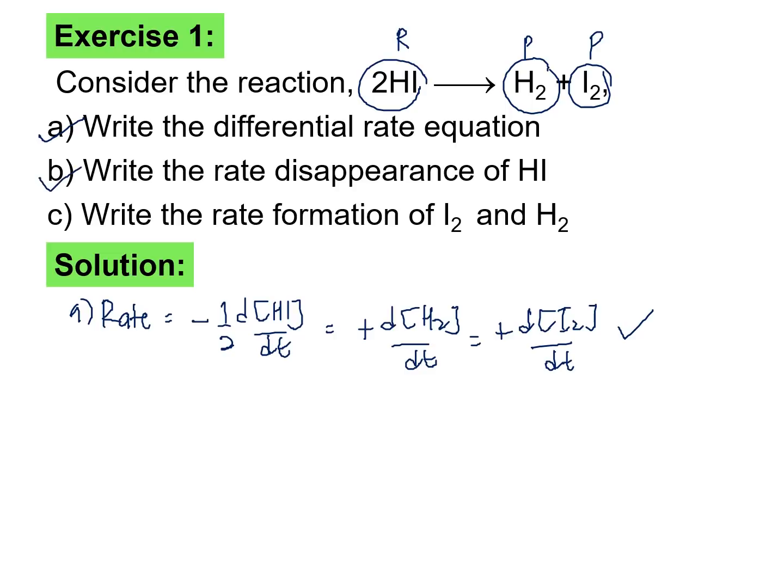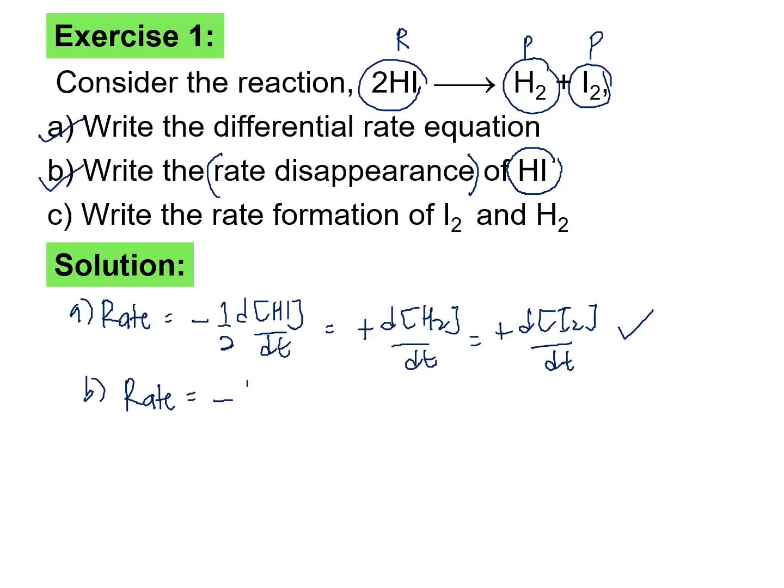Now we go to B. Write the rate of disappearance of HI. Di sini kita hanya merujuk kepada satu spesies sahaja iaitu HI. Rate disappearance ini diguna pakai hanya untuk spesies iaitu reactant. So we start with the word rate equals to negative. Sebab HI ini adalah reactant.